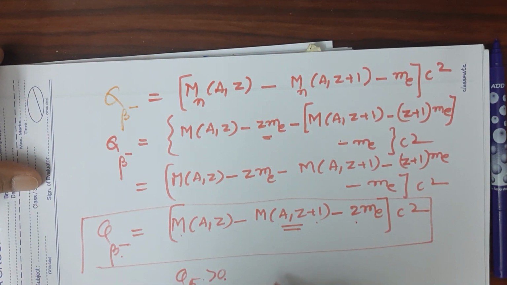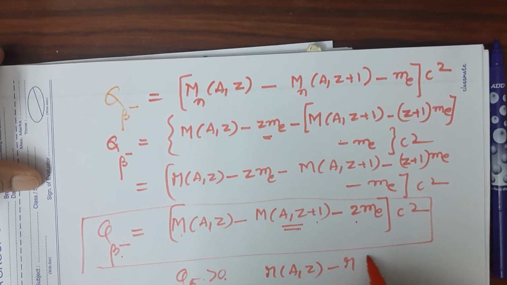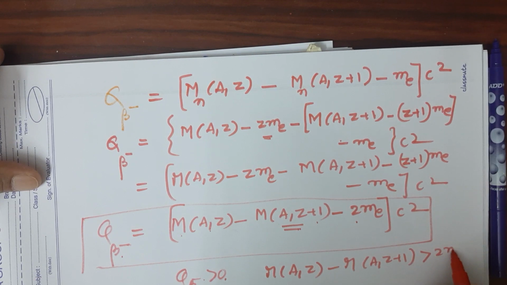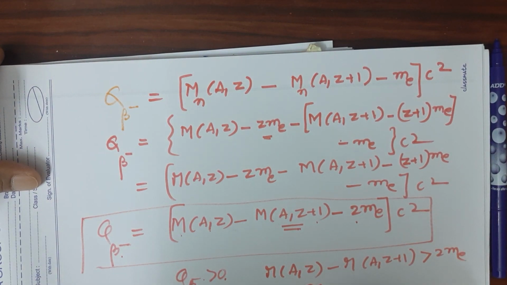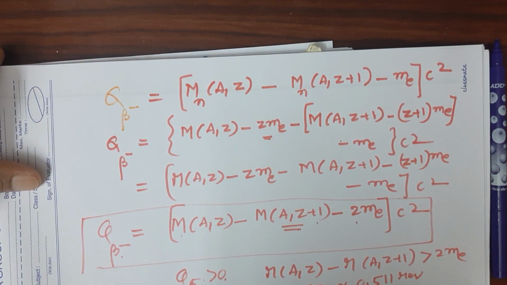So by Q greater than 0, you can write m of ZA minus m of A Z plus 1 greater than 2Me. The electron rest mass energy equals 0.511 MeV, so 2Me is 1.022 MeV.